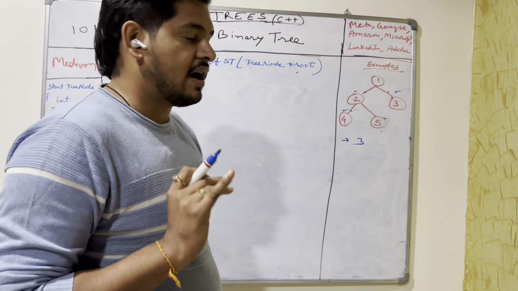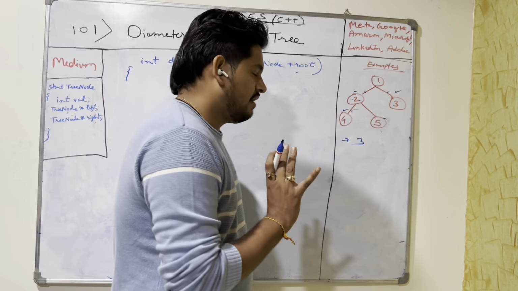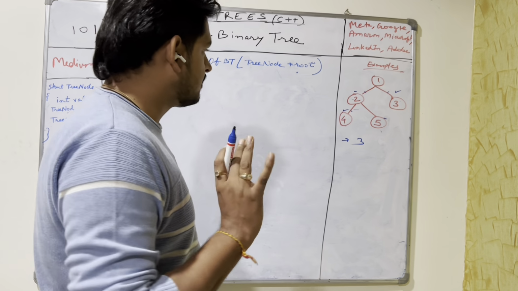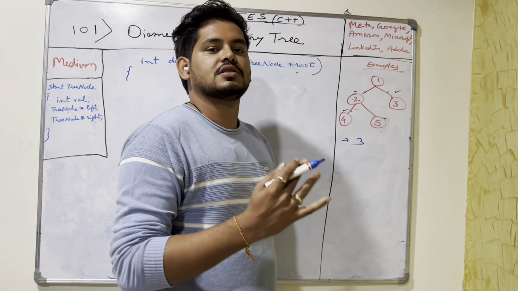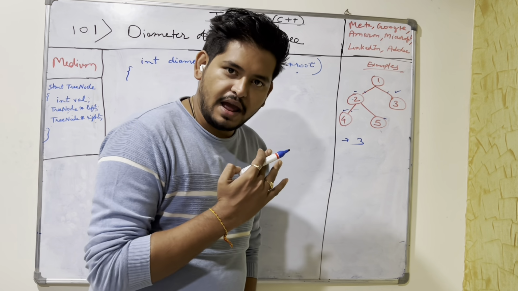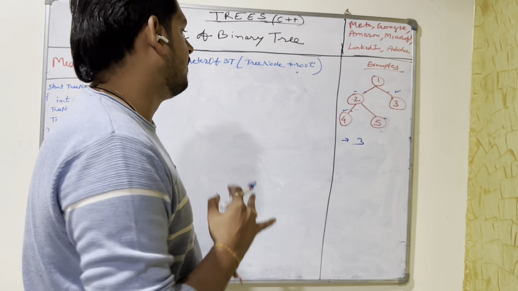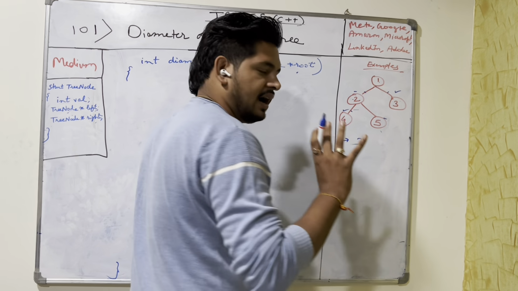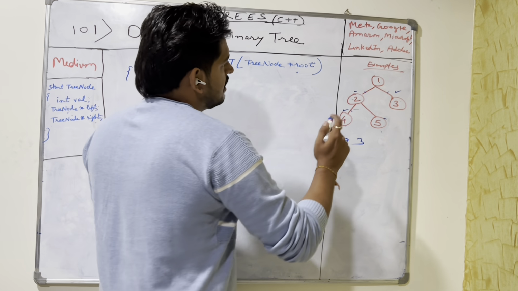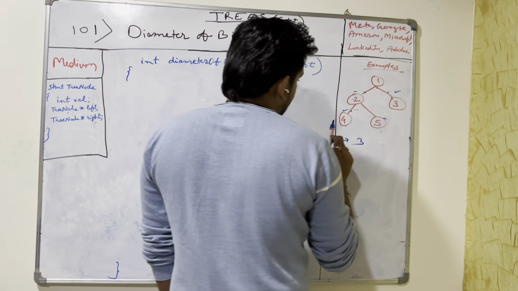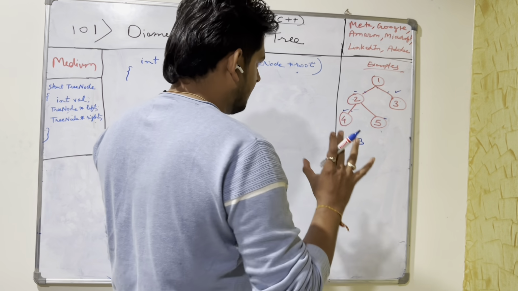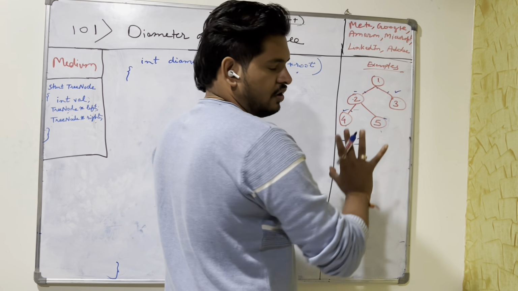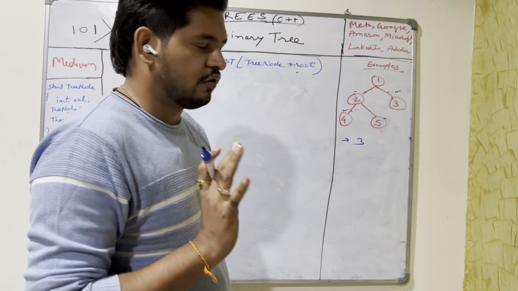What are the observations? Every time you need to observe a few things, make some observations, and with those observations, your code should apply those observations and solve the problem, right? So what do we see here? We know how to find the height of the binary tree. That means from the root to the leaf, or the maximum distance to any node, we know how to find that.